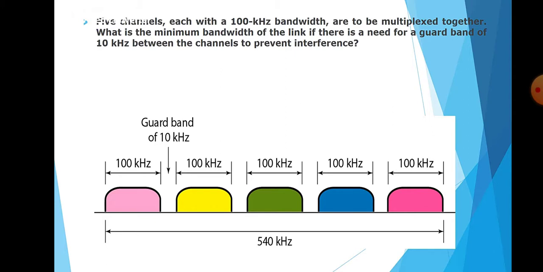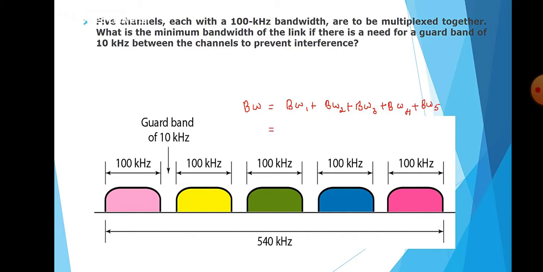So the bandwidth of the link can be computed as the sum of bandwidths of different channels: bandwidth 1 plus bandwidth 2 plus bandwidth 3 plus bandwidth 4 plus bandwidth 5.